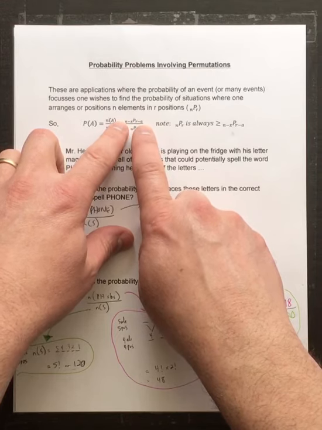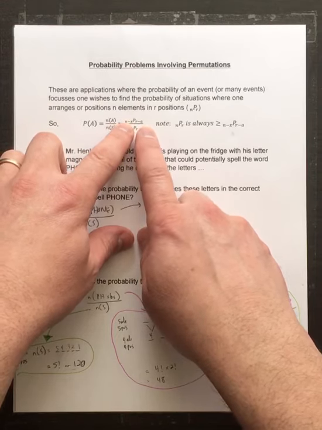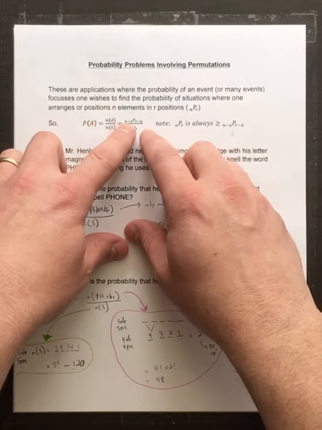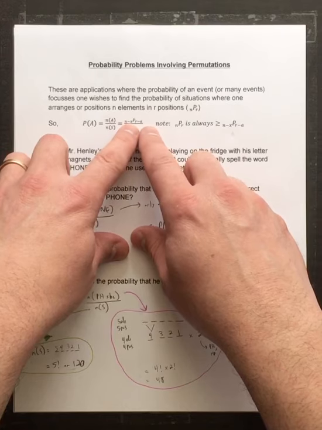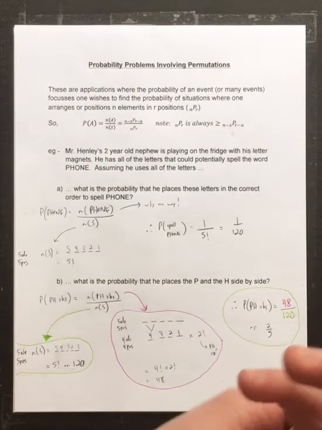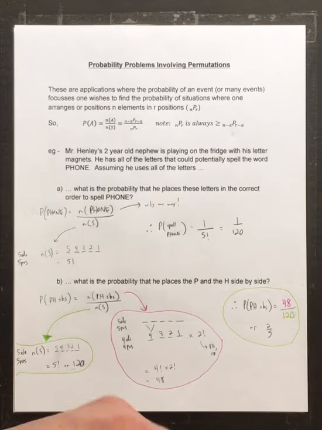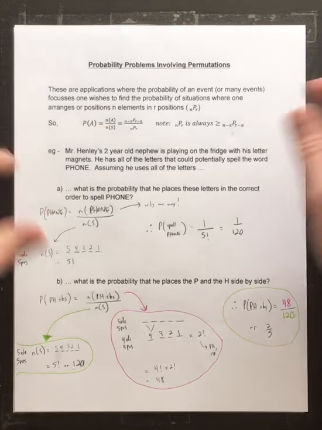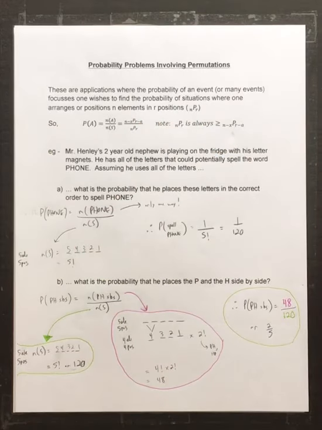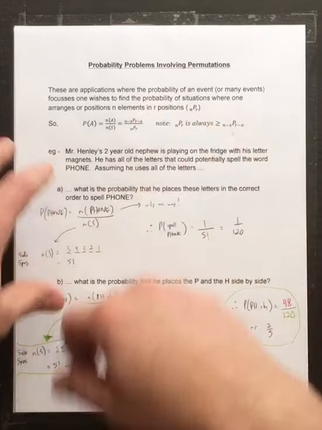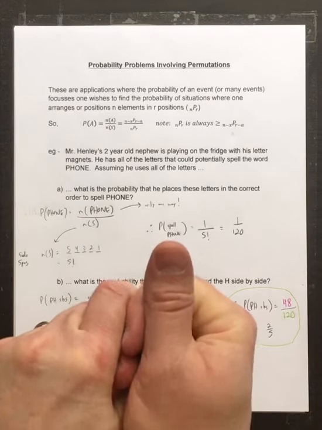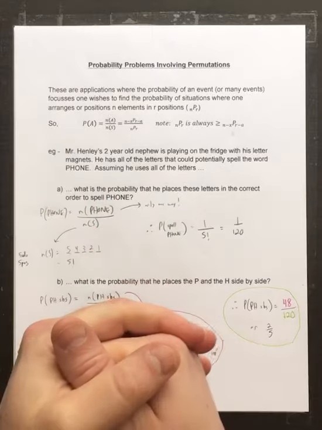So if we have nPr, we would take away a certain number of elements, and then instead of the r, it's r minus a. We would take away the elements that wouldn't be selected for that particular process. Okay, so usually, or always, the top is less than the bottom, of course, because we can't have more than 100% probability, so this representation of permutations is going to be a subset of the nPr situation.